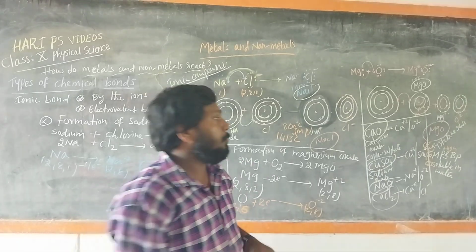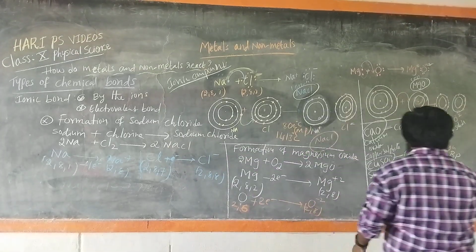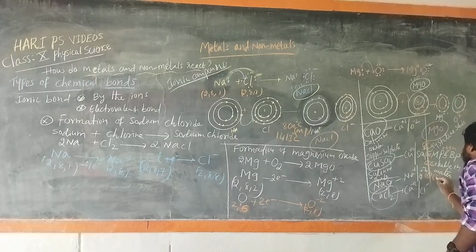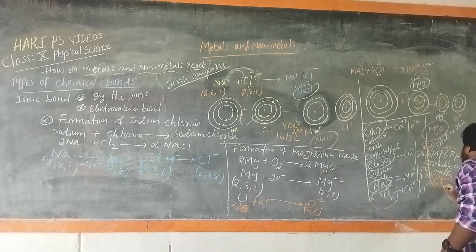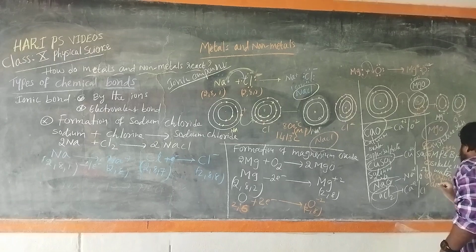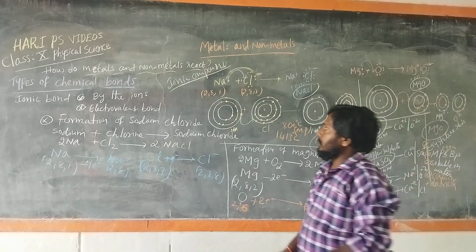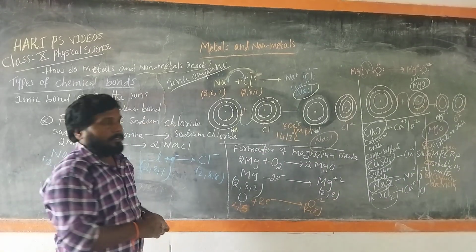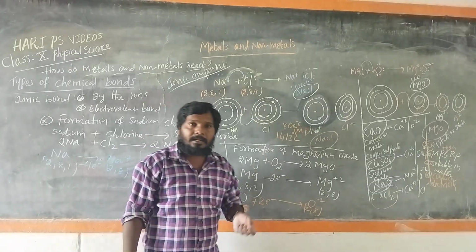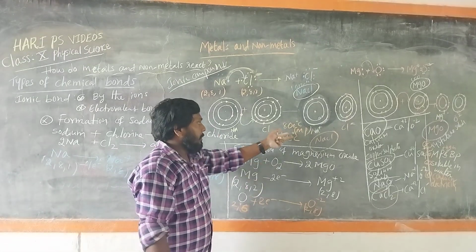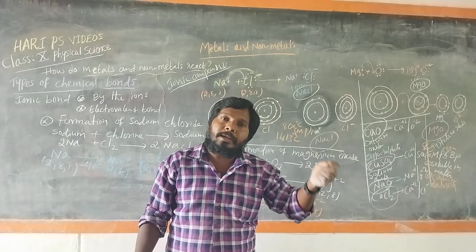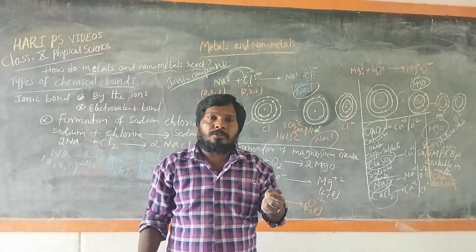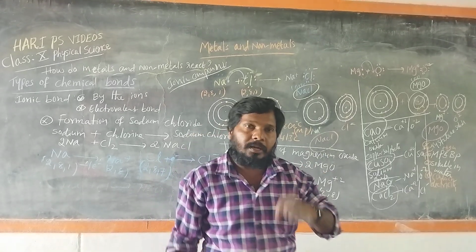Ionic compounds conduct electricity. When we dissolve sodium chloride in water, it forms sodium chloride solution, which is a good conductor of electricity.